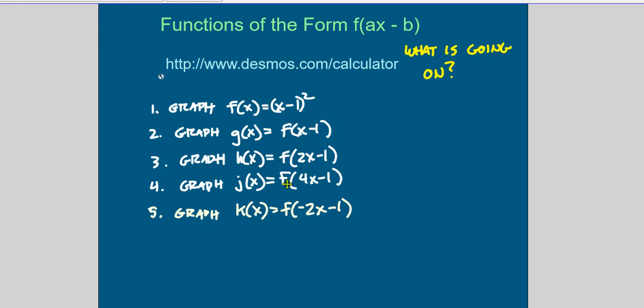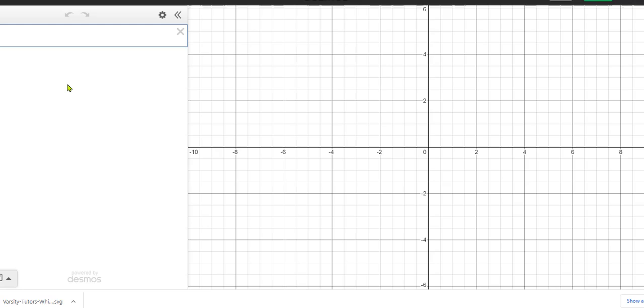I should be saying the y-axis; I think I just said the x-axis. And the last one, the best way to understand it is to graph it. It's going to reflect the entire function over the y-axis and put it on the other side of the y-axis. So let's demonstrate these now using Desmos.